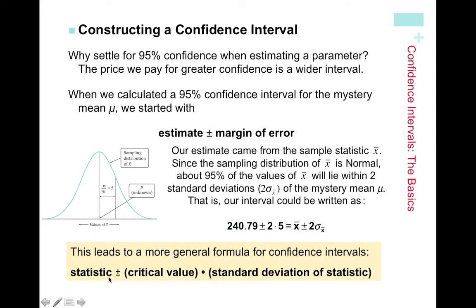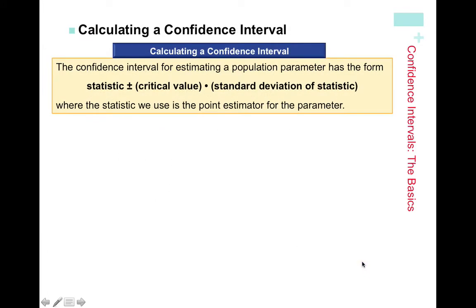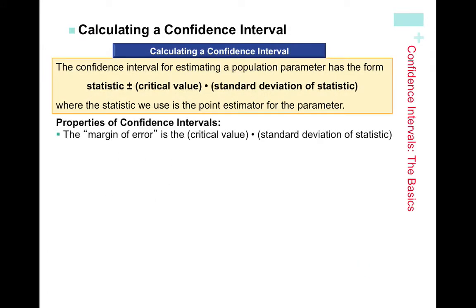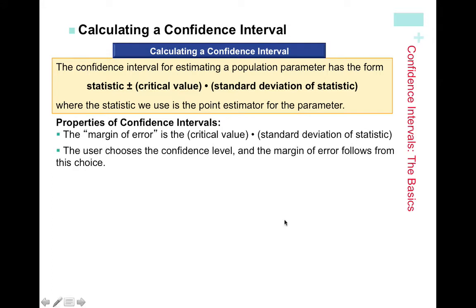Alright, the general formula, instead of saying margin of error, it's going to be the statistic. So the estimate and the statistic, it's the same thing here. So it's x bar or p hat plus or minus a critical value times the standard deviation of the statistic. So again, the margin of error is the piece after the plus or minus.